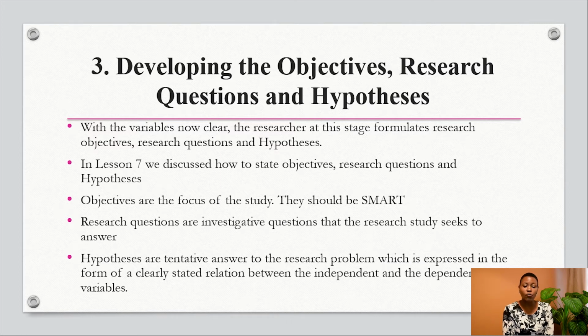Just as a way of reminding ourselves, we said that objectives are the focus of the study and they should be SMART. We said research questions are investigative questions that the research study seeks to answer. And we said hypotheses are tentative answers to the research problem, which is expressed in the form of a clearly stated relation between the IV and the DV.